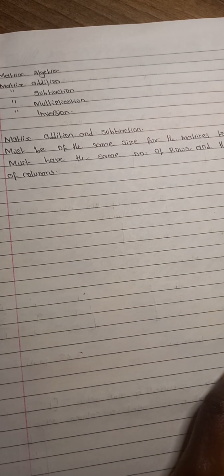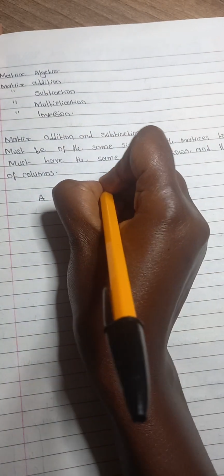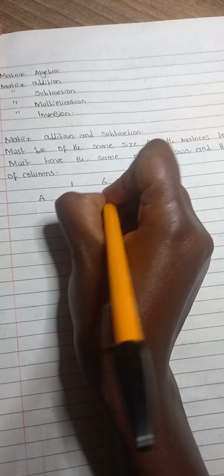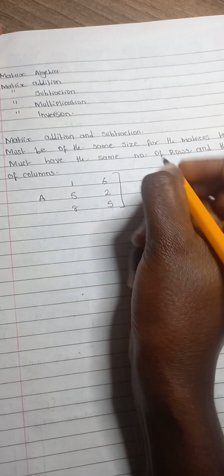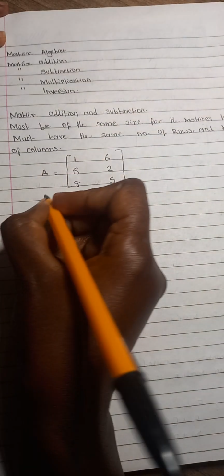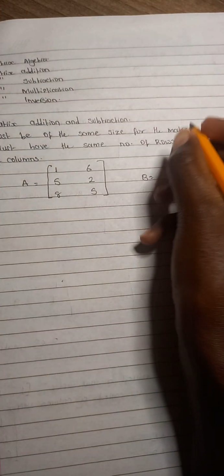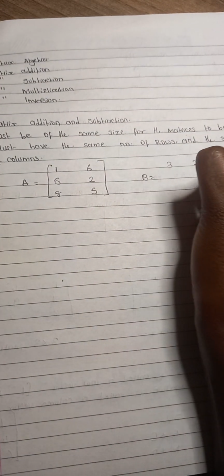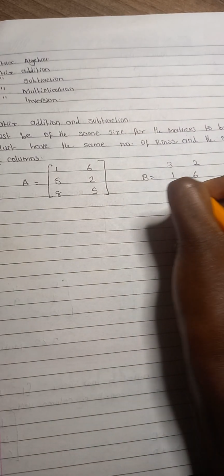For example, let us look at matrix A with the following numbers: 1, 6, 5, 2, 8, 5. That is matrix A. And you have matrix B. Let's write it here. Matrix B, which is 3, 2, 1, 6, 9, and 2.